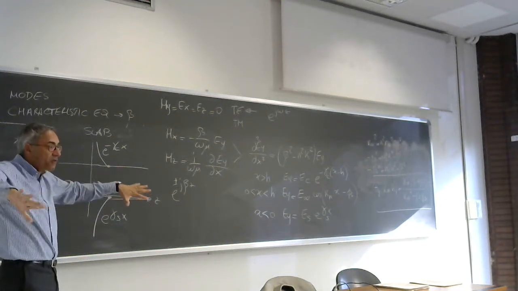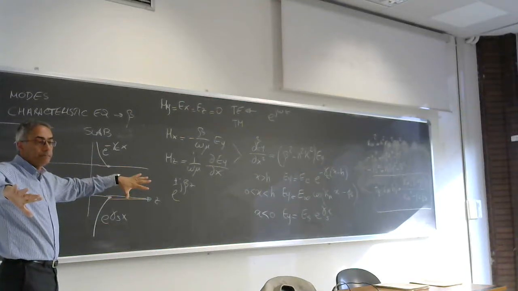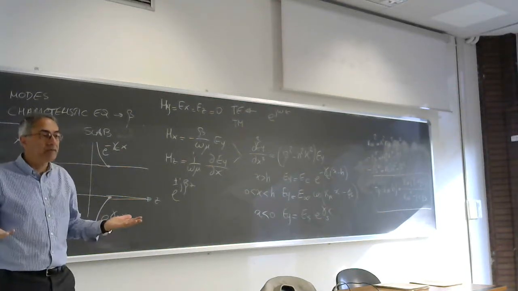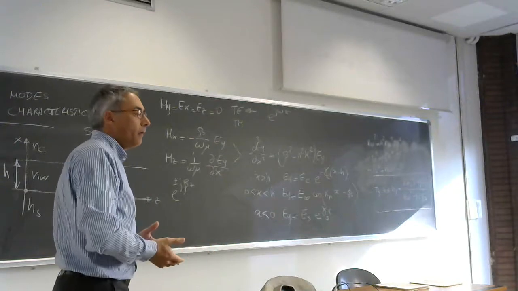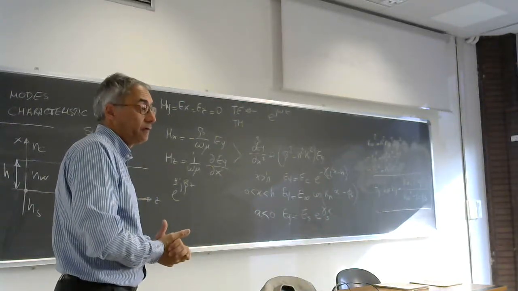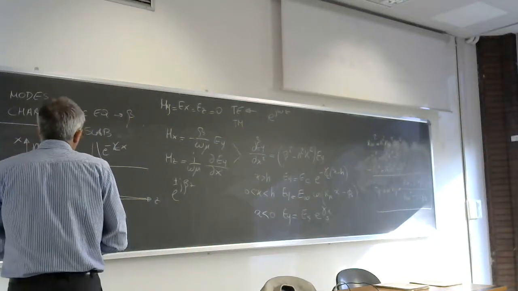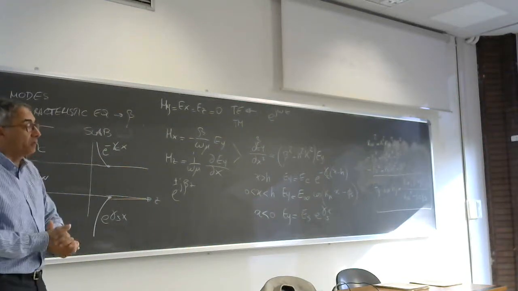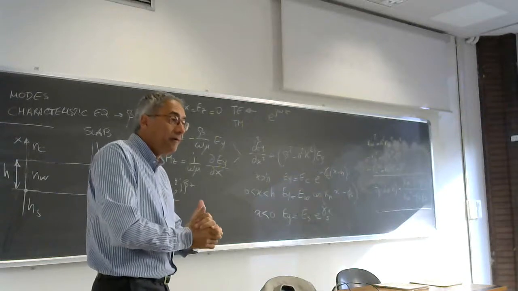So it's an exponential decay outside. And this comes from the rectangular system of coordinates and geometry. If it is not rectangular, as in an optical fiber, it's not exponential.